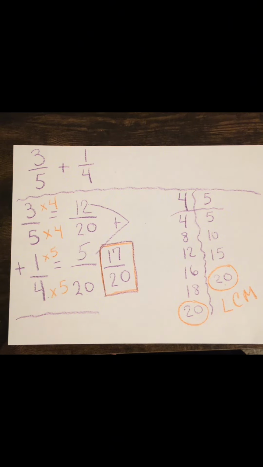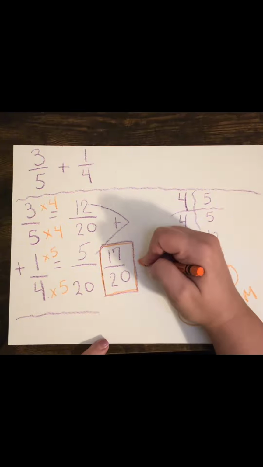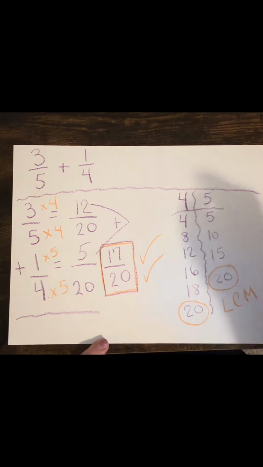And they don't, right? Factors of 17 are just 1 and 17. The only numbers you can multiply to get 17 are 1 times 17. And 1 and 17 are not common factors of 20, so we cannot further simplify this answer. So bingo, this is our final answer, 17 over 20.